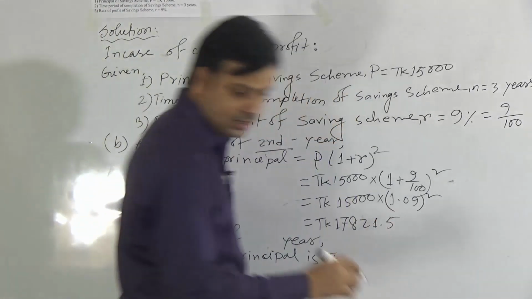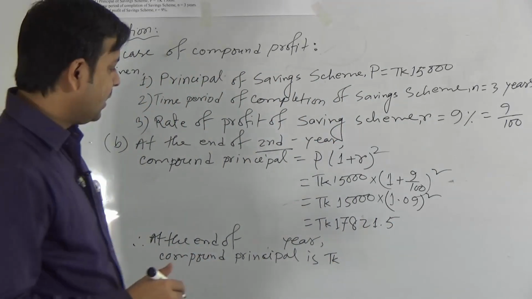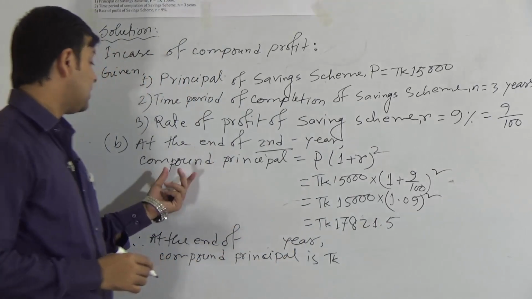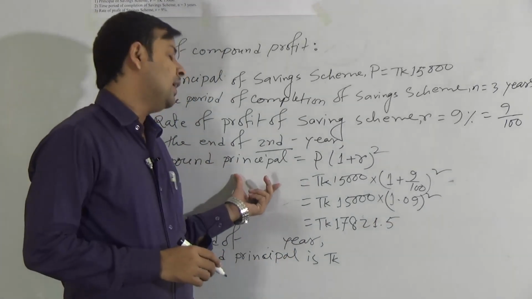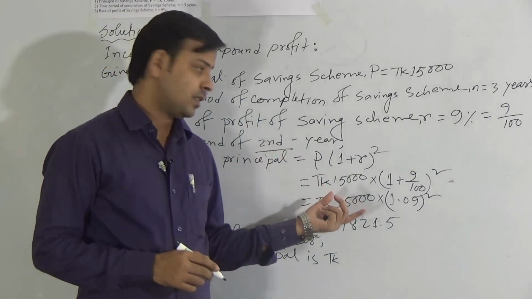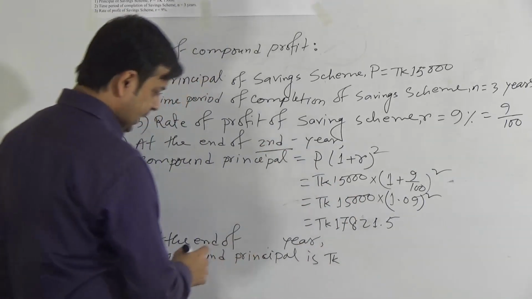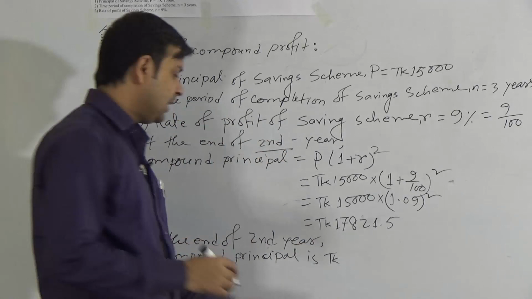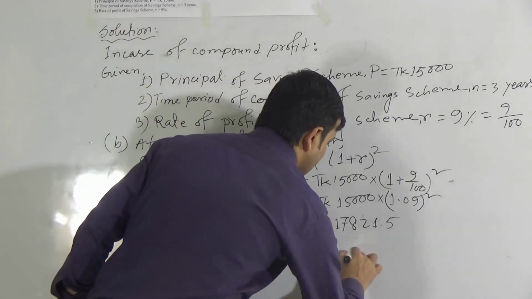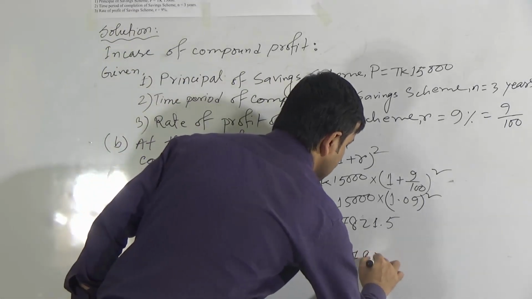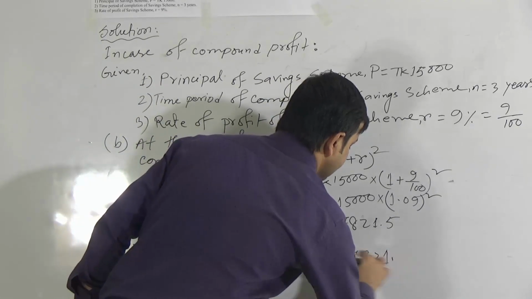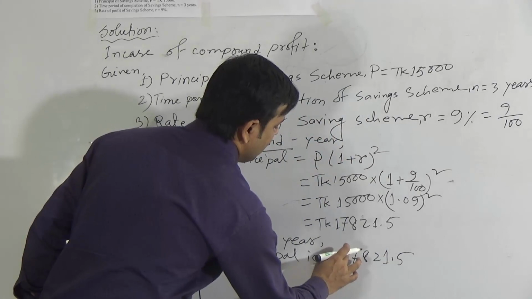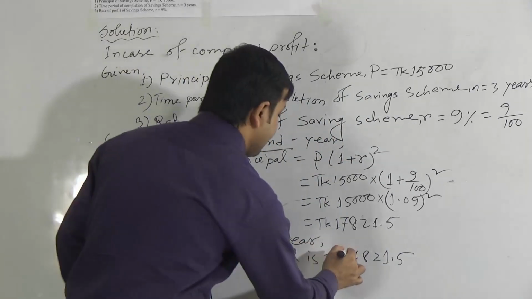This will be our answer. It means the compound principal at the end of second year is taka 17,821.5. So this is our answer for question B.